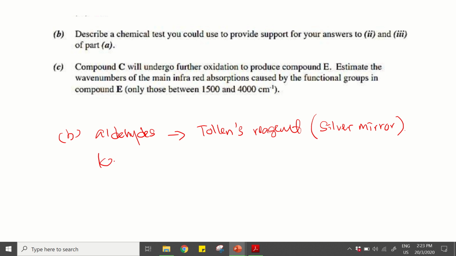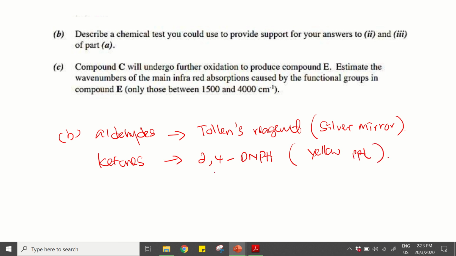Okay, now for ketones, compound D, how to test for ketones? Nothing much, we only have one reagent, which is 2,4-DNPH. It should give you a yellow precipitate.